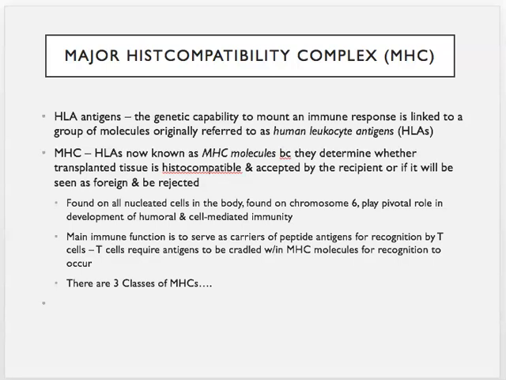And then your class 3 MHC is kind of completely different from the other two in that it codes for complement and cytokines. So it's not involved in antigen presentation or binding. It's not expressed on the cell surface, so that one's a little bit different.